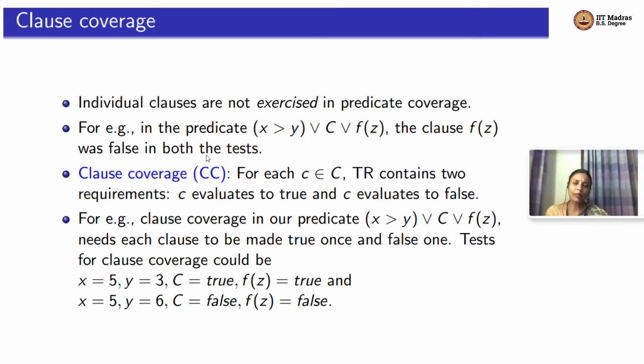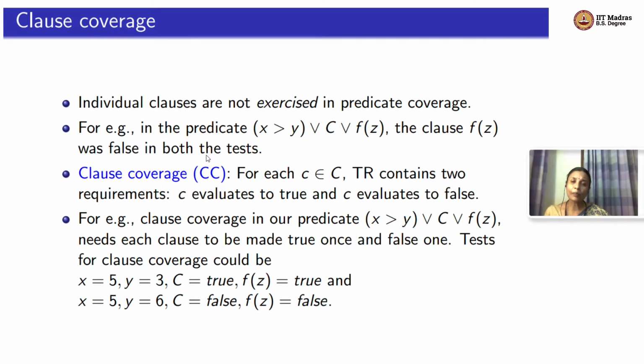In testing, this may not be a desirable thing because there could be an error when the clause f of z is tested for being true. The source of the error could be there, and by not exercising each clause to become true once and false once in turn, we might miss certain errors.